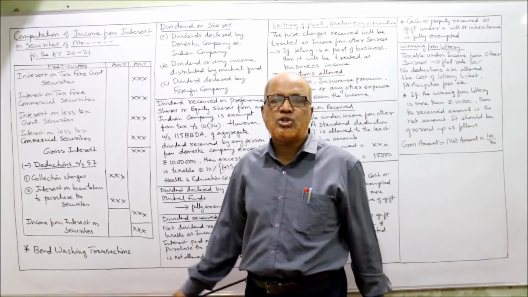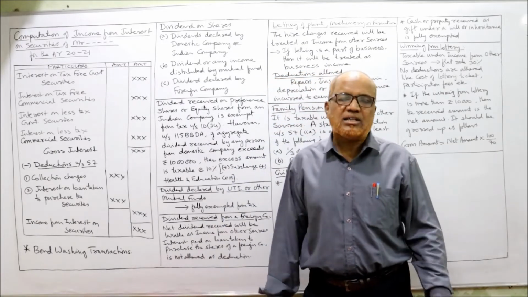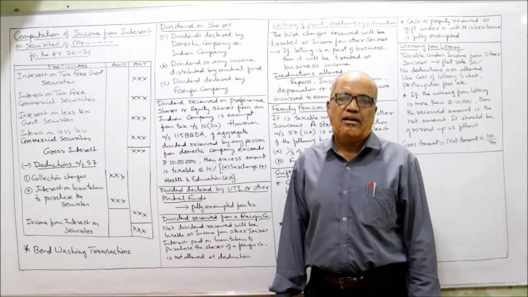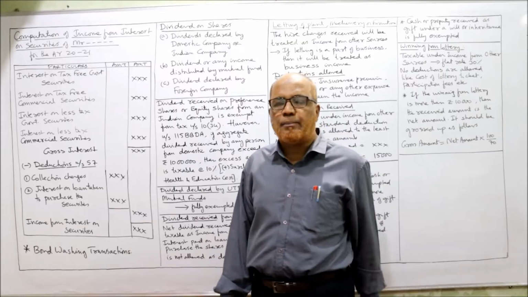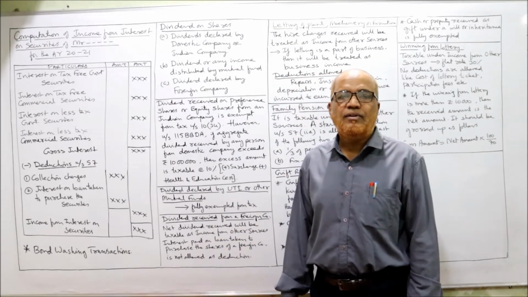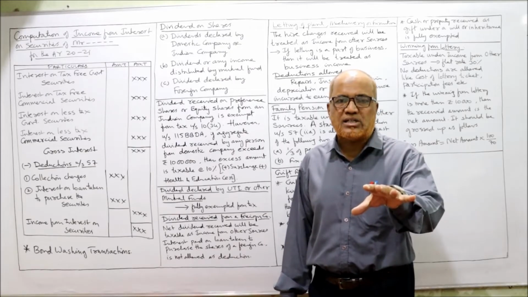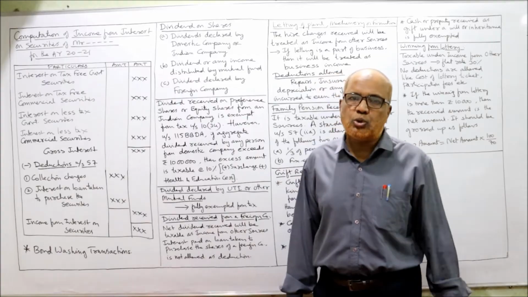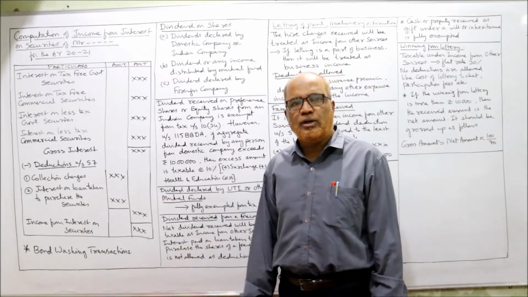This is called bond washing transaction. Why is this act done? To reduce his tax liability, to avoid the tax. So if the Income Tax Act happens to know this act, then definitely it will make the person who transferred the security a deemed owner, and he will be put to tax. That will be asked in theory questions.